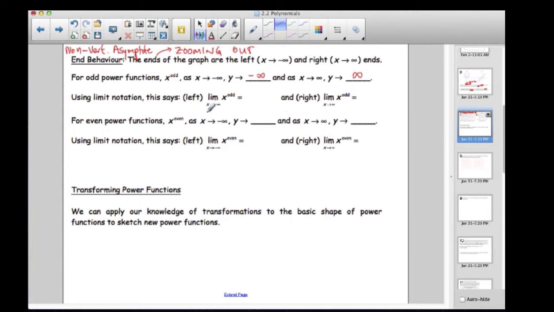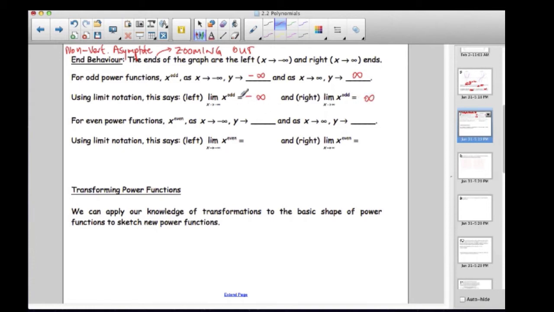Using limit notation, the limit as x approaches -infinity of x to an odd exponent equals -infinity, and the limit as x approaches +infinity on the right end of the x to the odd power function equals +infinity.